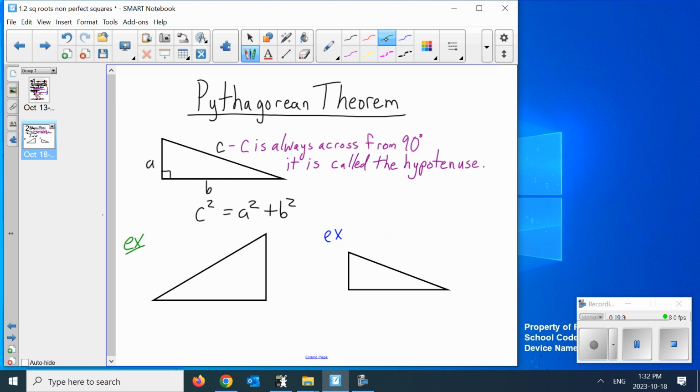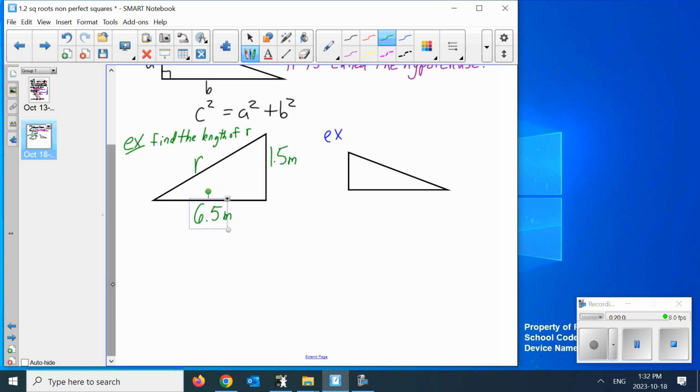Find the length R. I'll label it R. 1.5 meters and 6.5 meters. Leave space on the right-hand side. Split the page in half. We'll do a right-hand one now.